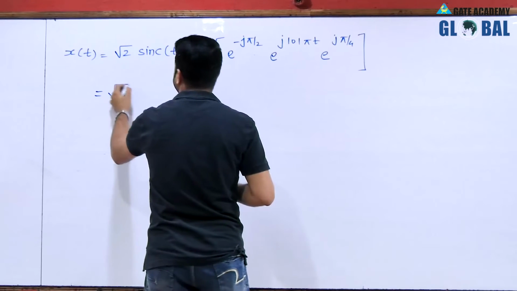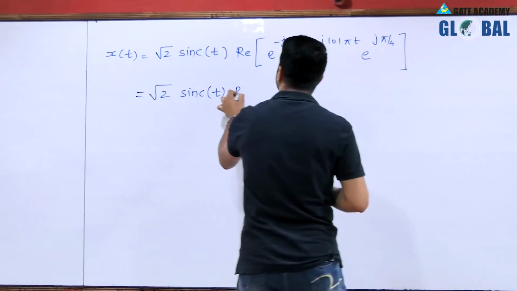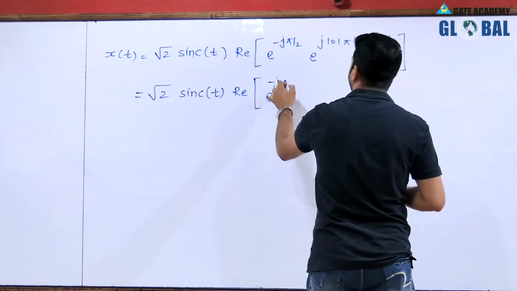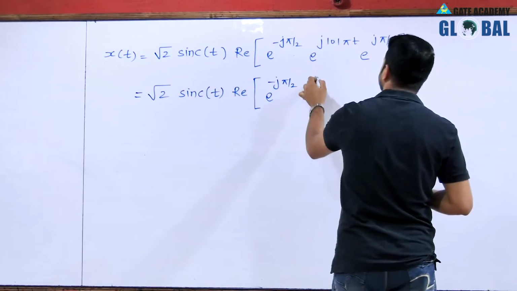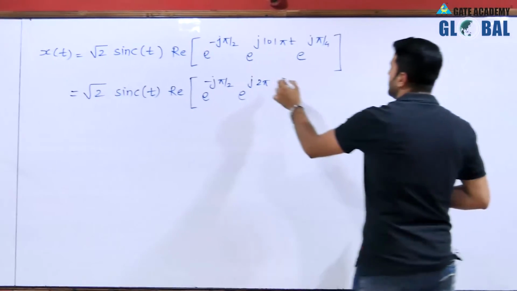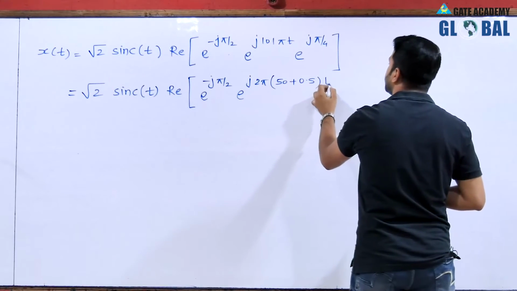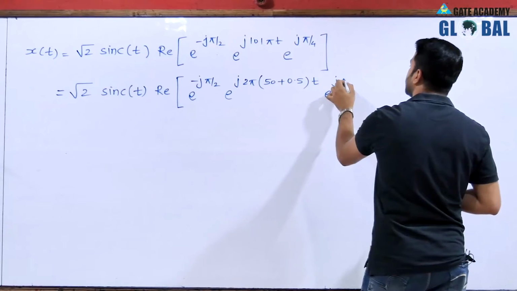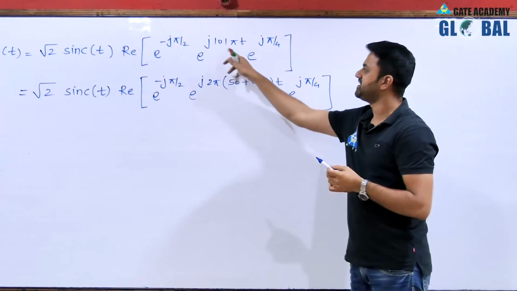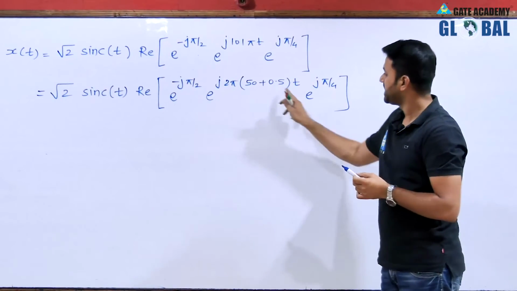So this can also be written as root 2 sinc t, real part of e to the power minus j pi by 2 and e to the power j. If I take 2 pi common, then we can write (50 plus 0.5) t and e to the power j pi by 4. If we solve this, we get 101, because 50.5 multiplied by 2 is 101 pi t.